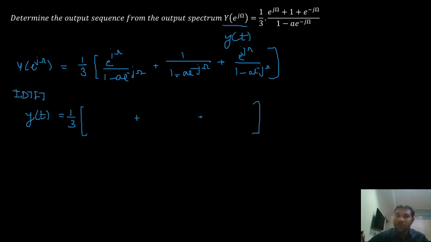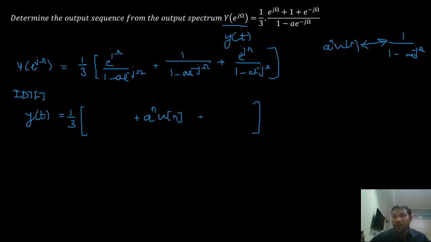If you remember, what is the standard pair we have? a power n u of n has DTFT 1 by 1 minus a e power minus j omega. This is the standard pair. The second term here is the standard term. So what is the inverse DTFT of the second term? It is a power n into u of n.